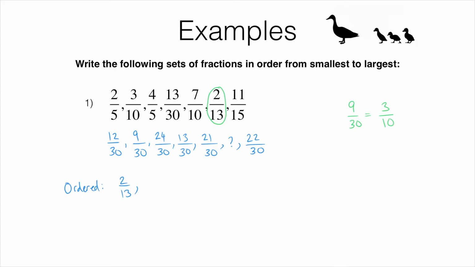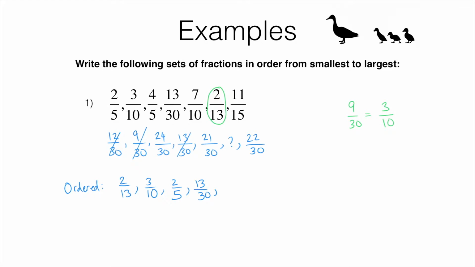That is 9/30ths first of all, which was 3/10 in the original list, so I'm going to write it as 3/10. We've dealt with that one. After 9/30ths, the next one is 12/30ths, which was 2/5 in the original list, so I'm going to write 2/5. Next here is 13/30ths, which was 13/30ths in the original list, so we just write it like that.